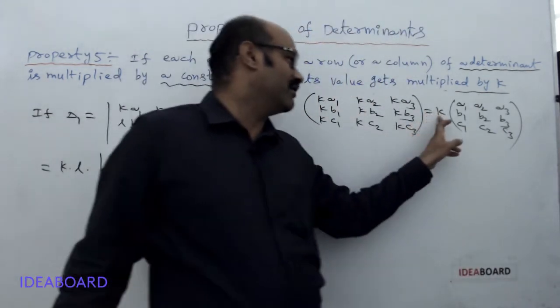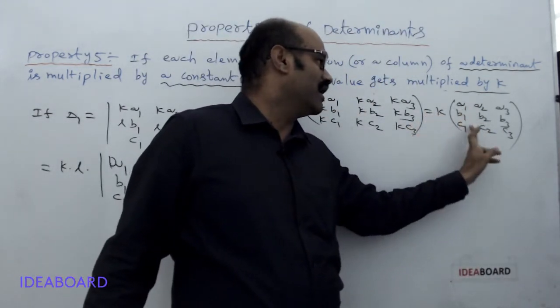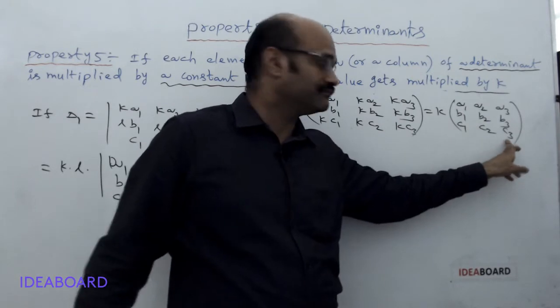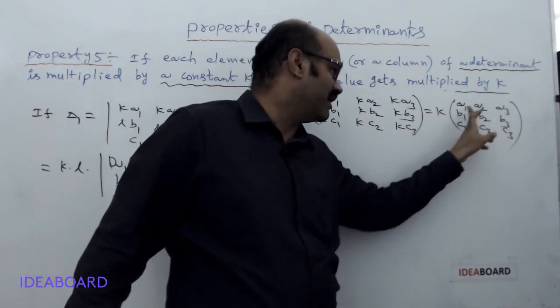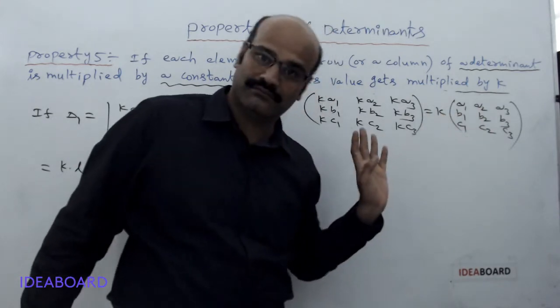So whenever you have k into a matrix, we should multiply each and every element of the matrix by k.